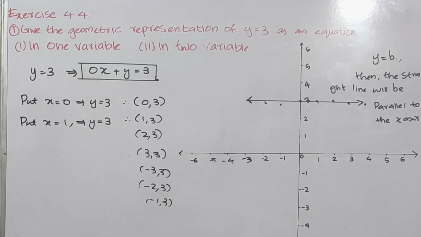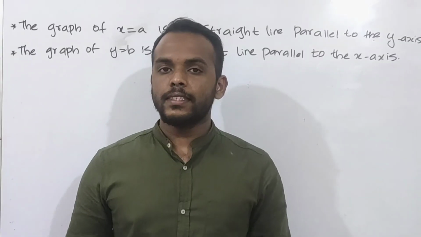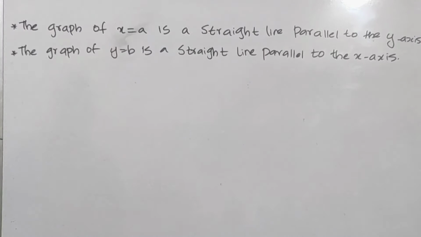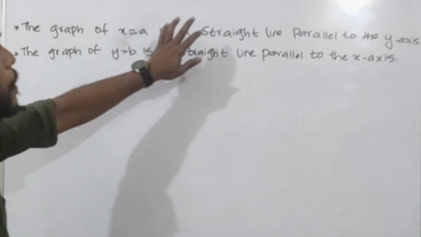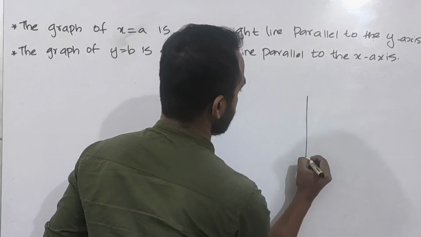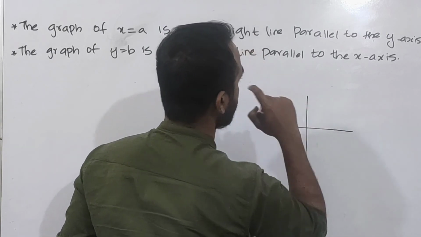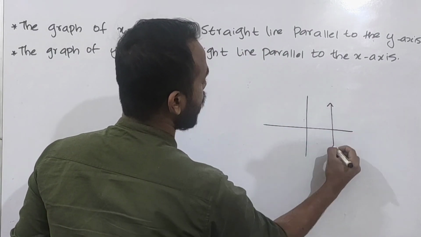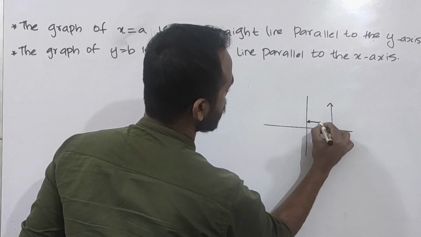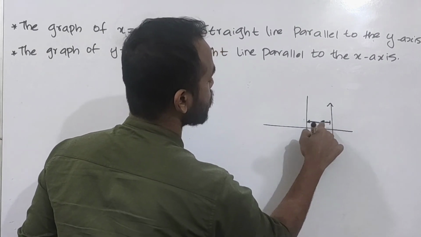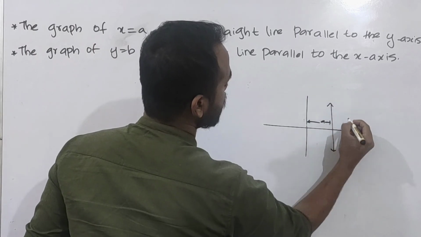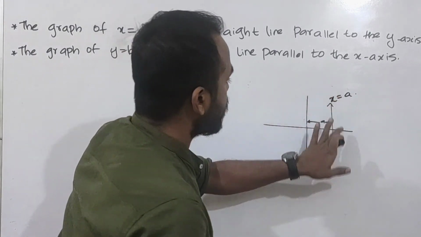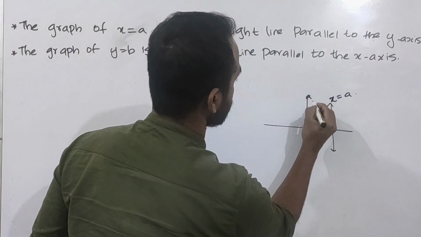Thus we can generalize with the statement in the summary part of your textbook, the 5th and 6th points. Just read it out. Thus we can make the generalization as follows. The graph of x is equal to a is a straight line parallel to the y axis. If the distance between the origin and this line is a, then it will be of the form x is equal to a, parallel to the y axis.